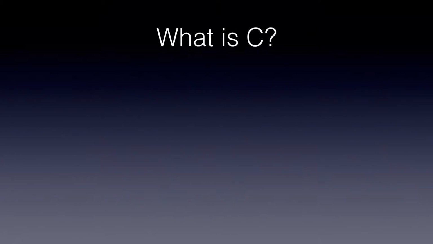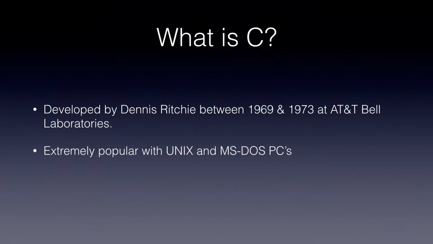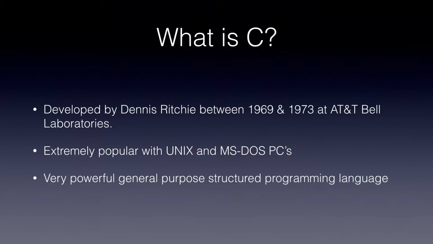Now, what is C? C was developed by Dennis Ritchie between 1969 and 1973 at AT&T Bell Laboratories. It was extremely popular with Unix and old MS-DOS PCs when it first started. It's a very powerful general-purpose structured programming language.